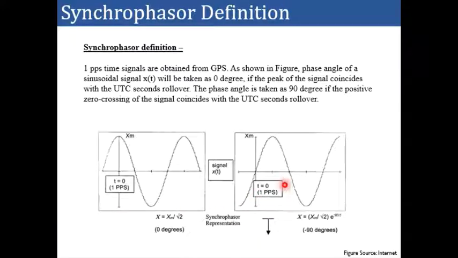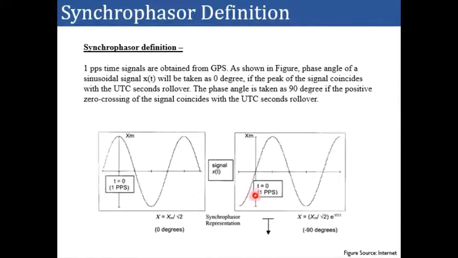What you can see from these two figures is that although the 1 pps signal is generated at a particular time for both of the sinusoids, when it coincides with a particular waveform, you get the relative angle value of these two sinusoids. Here the angle value of the phasor for this sinusoid, which is coinciding at this point for 1 pps, is minus 90 degree.